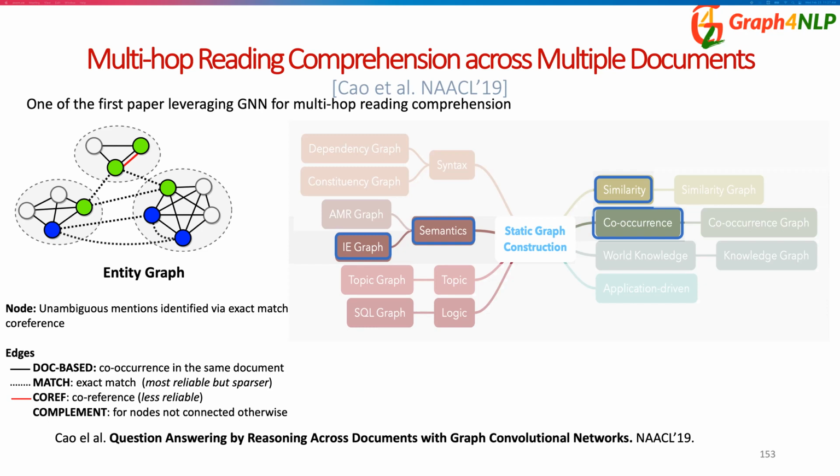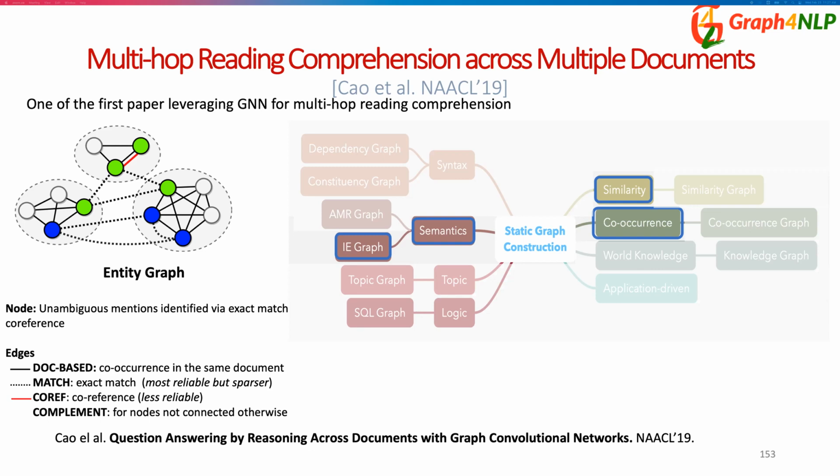Then there is also a dotted line edge that means these 2 entities are an exact match. This is a very reliable way to say these 2 may refer to the same entity, but it is a very sparse way to identify entities that refer to the same thing.